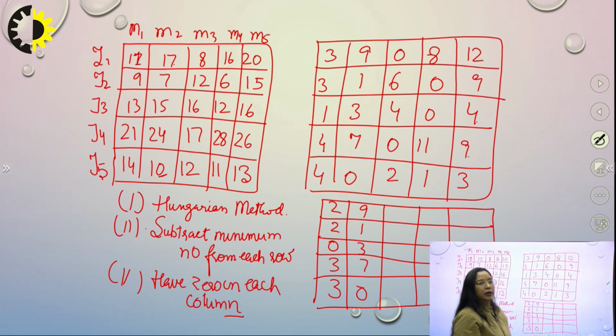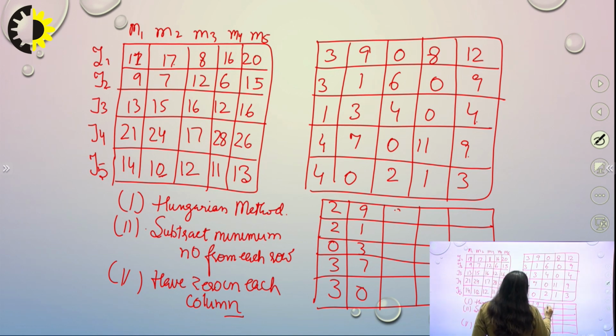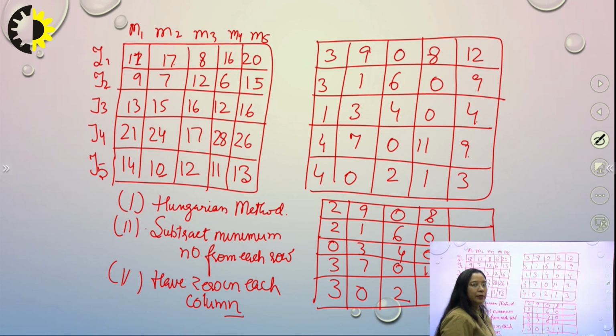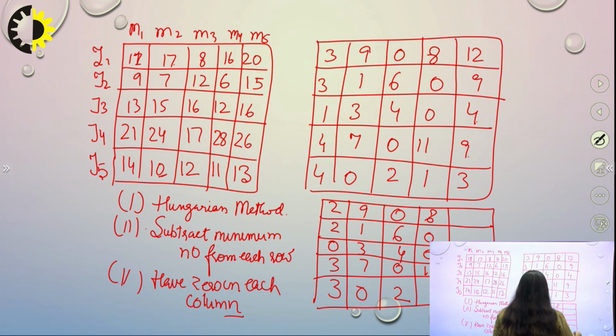If we subtract, nothing will change, because 0 is the minimum in the column and it will be the same. The next one has in fact 2 zeros in this column, 8, 0, 0, 11, 1, and the last one has no 0, and the minimum element in this column is 3. We will subtract it: 9, 6, 1, 6, 0. So this is our minimized matrix.